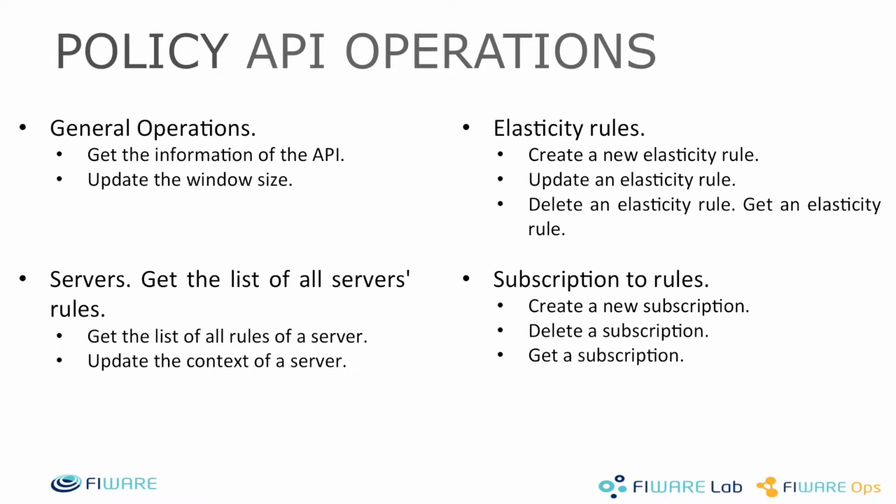There is another operation available to update the context of a server. This is an operation performed by the context broker to build the facts about a server. And finally, subscription operations. Users can create, get, or delete subscriptions between servers and rules.